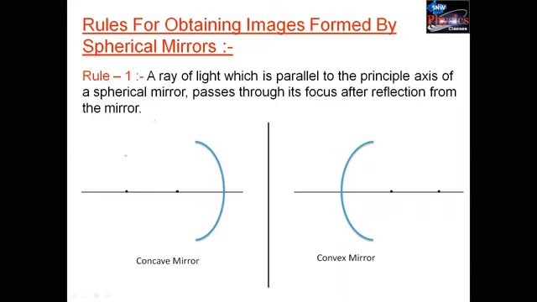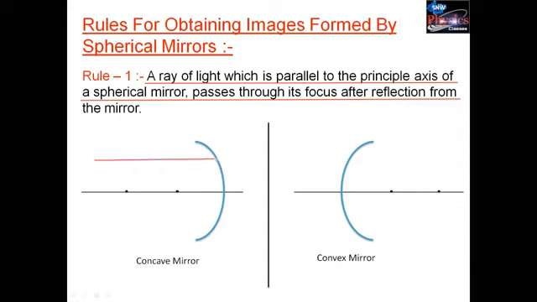So the first rule is a ray of light which passes parallel to the principal axis of a spherical mirror. Let me draw a ray of light which is passing parallel to the principal axis of a spherical mirror.